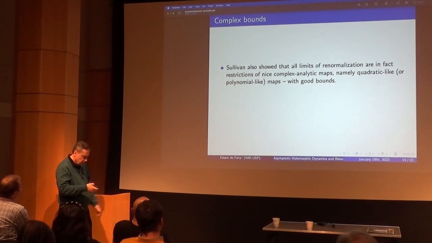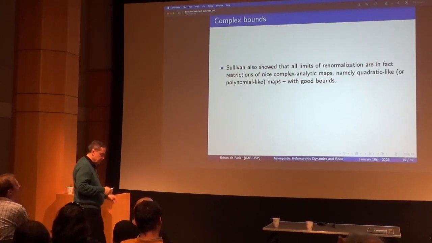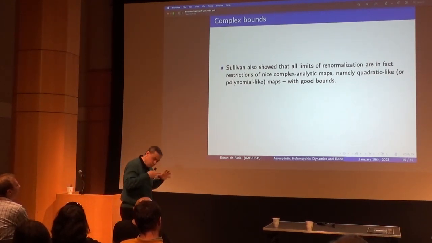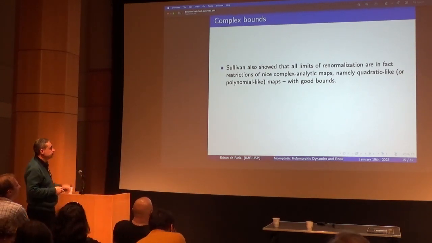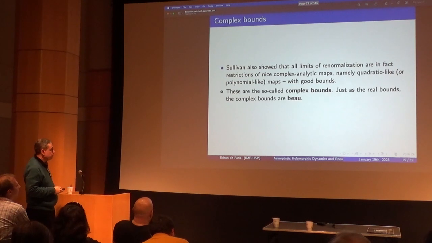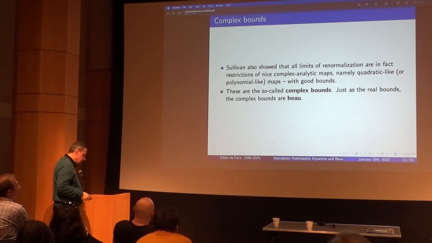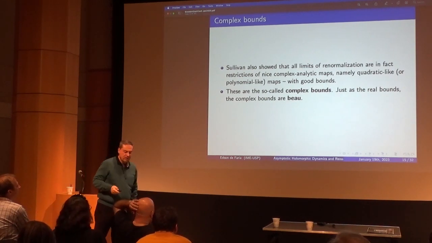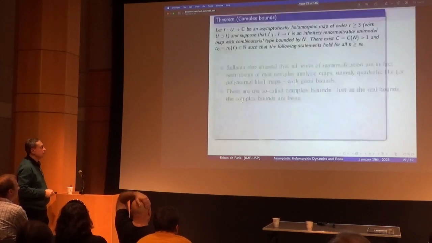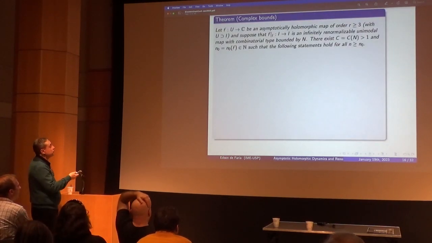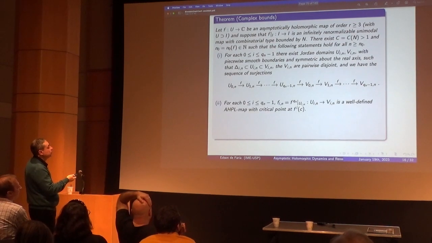You can compose, and you show that eventually you get maps which are quadratic-like, or polynomial-like maps, or quadratic-like maps in the case of a quadratic critical point, with good bounds. I'm going to draw a picture also. So these are the complex bounds, and just like the real bounds, the complex bounds also have this bow property. They also become universal, independent of the map as you renormalize. Okay? So there is a formal statement of the complex bounds, which I don't want to go into.